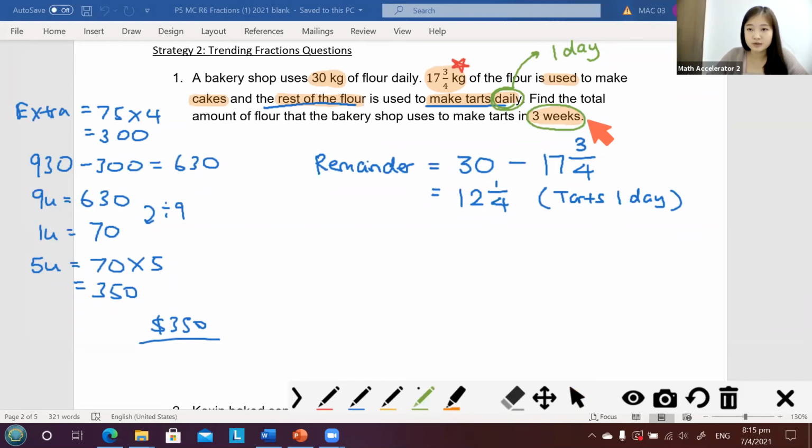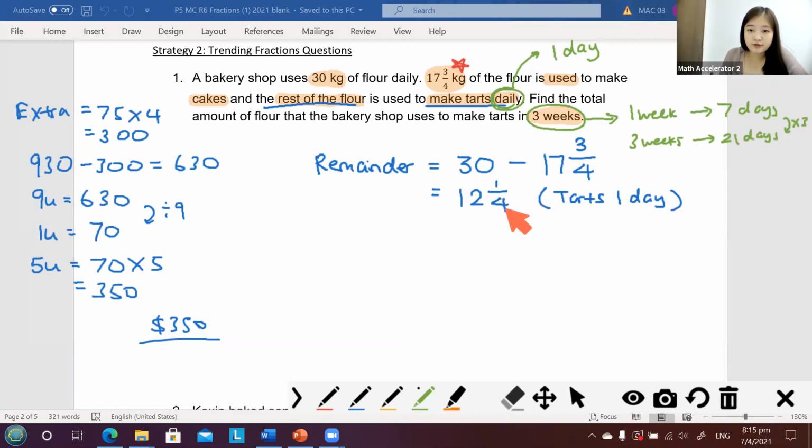Those of you who are not sure, how did the rest of your friends get 21? 3 weeks. You know that 1 week you have 7 days. So for 3 weeks, you just need to multiply by 3. That will get you 21 days.